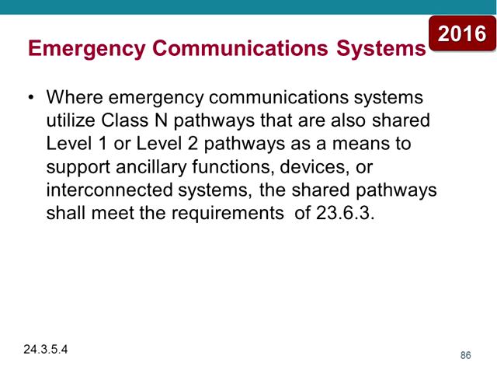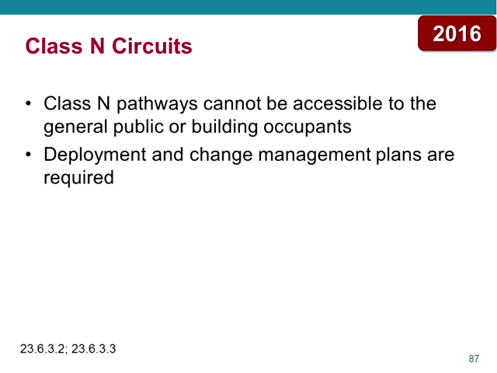Where we have emergency communication systems that utilize Class N pathways that are also shared, that's another issue. If they're level 1 or level 2 shared, then we need to meet the requirements of 23.6.3, which basically means that they're not accessible to the general public, and we have a change and deployment management plan.